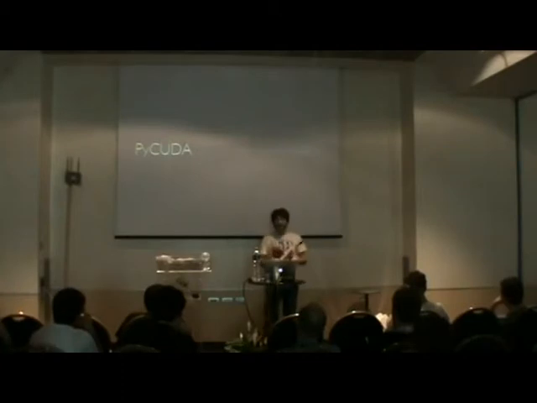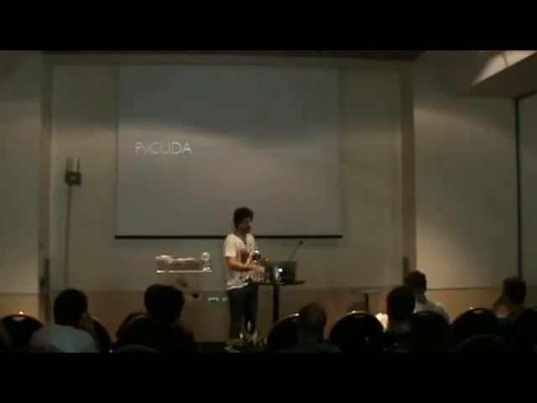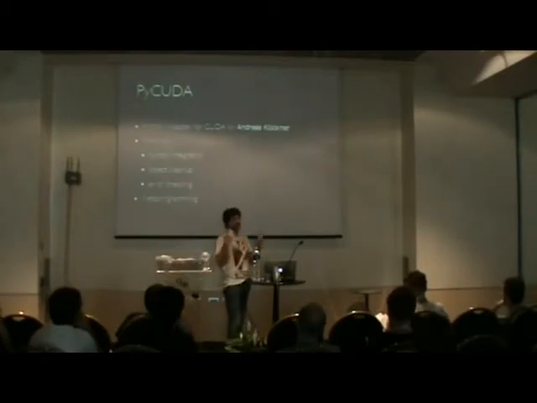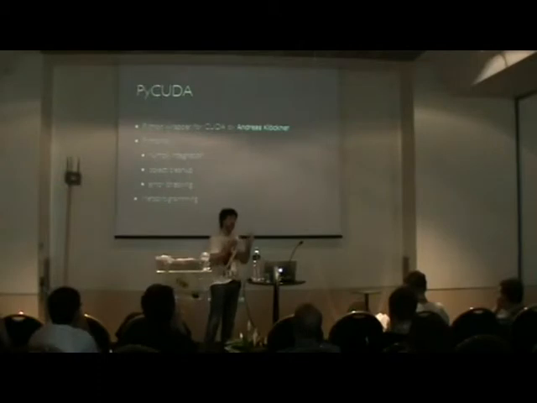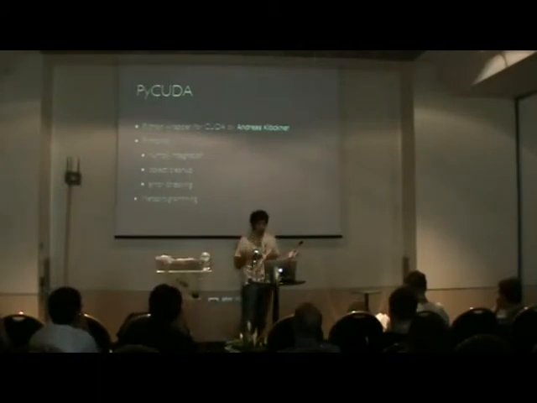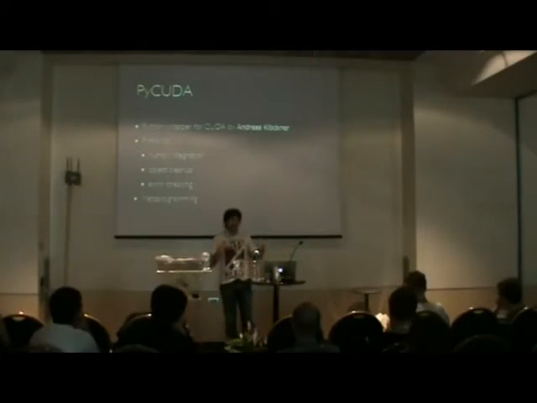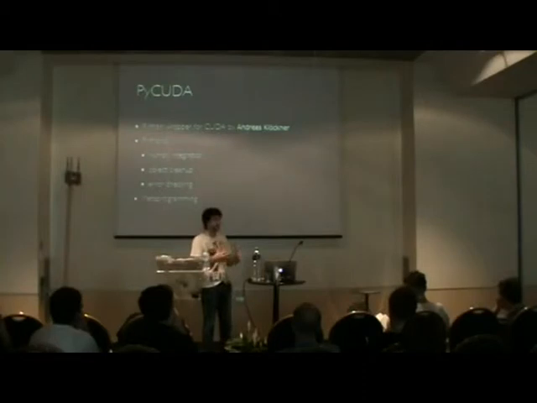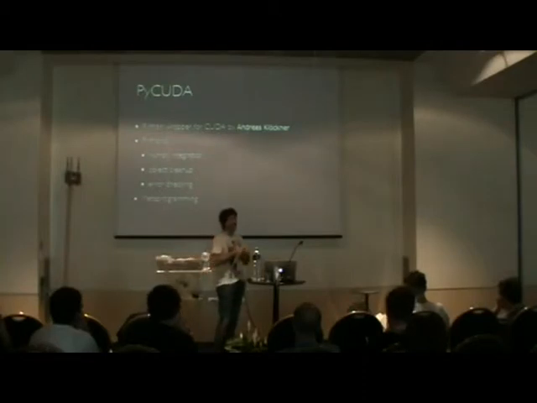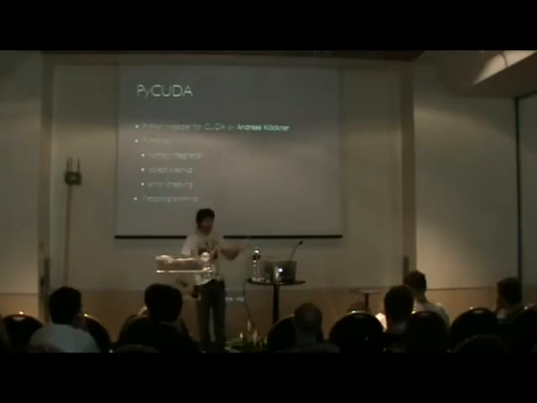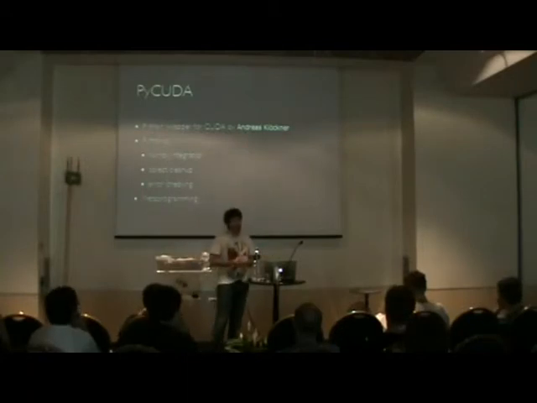And one answer is PyCUDA. PyCUDA is a library that gives you access to the NVIDIA CUDA technology in a very easy manner. It has a lot of features that make it easy to write programs that exploit the CUDA technology.